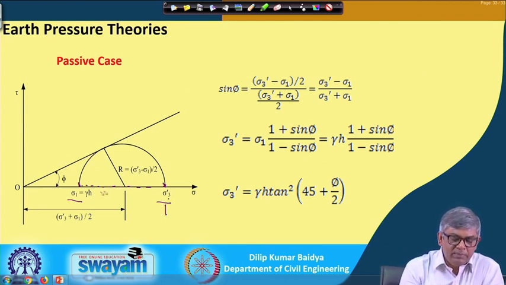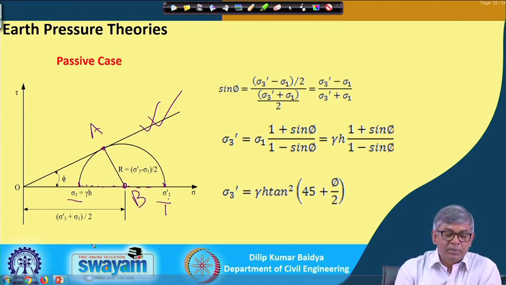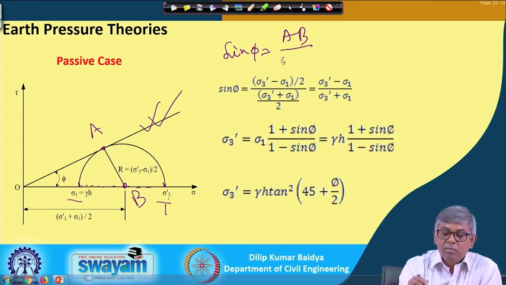Now, if this is the failure Mohr circle and this is the failure envelope, from the center I join to the tangent point and take the triangle OAB. If I express sin phi, then sin phi equals AB over OB.